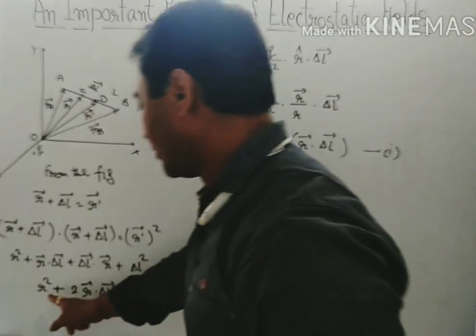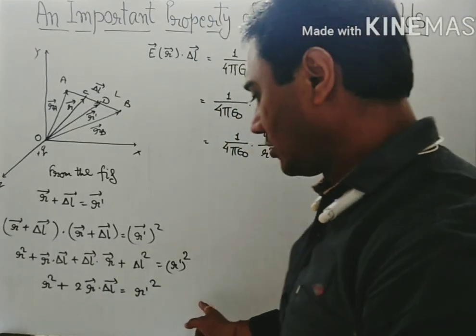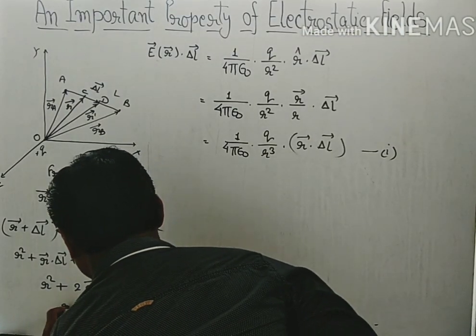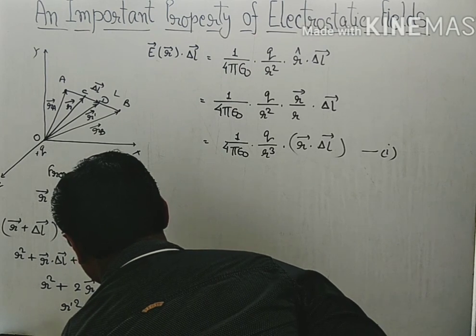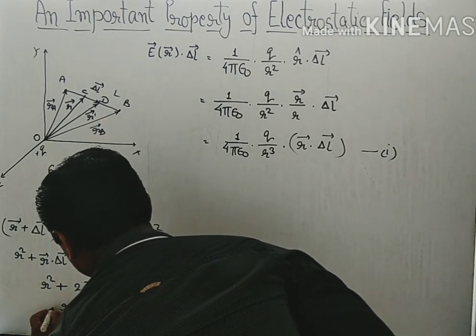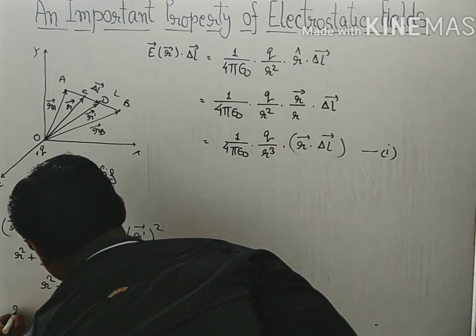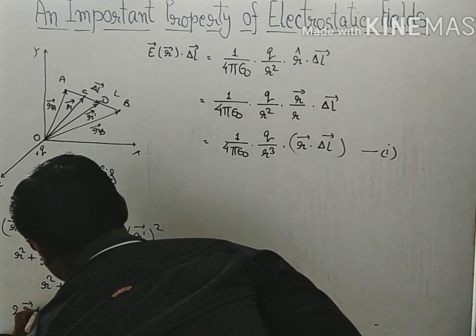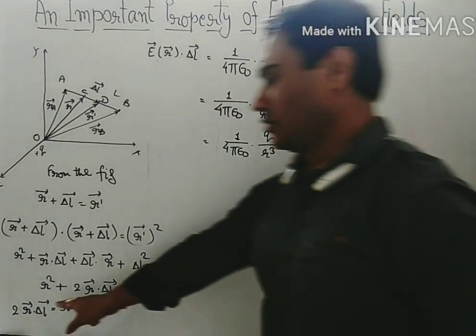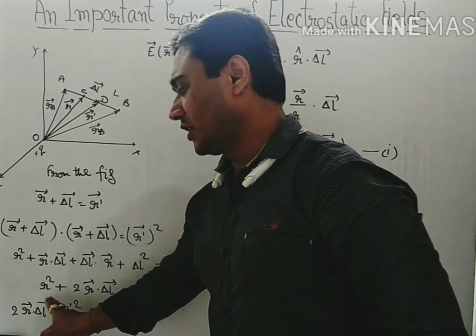Now just transpose this term here, so that we have R prime square minus R square, which is equal to twice of R vector dot vector delta L. So R dot delta L vector.